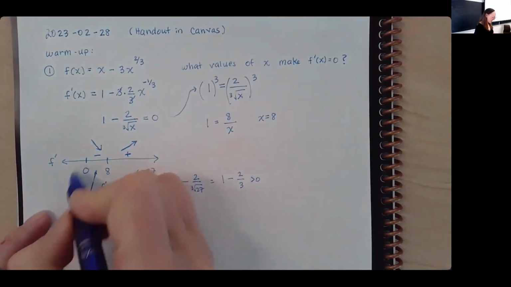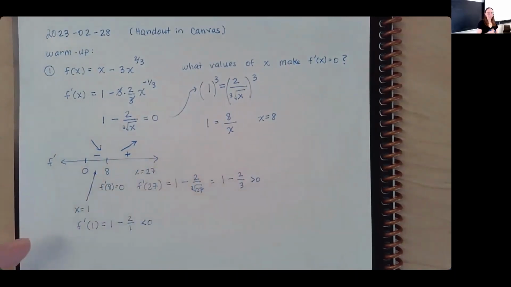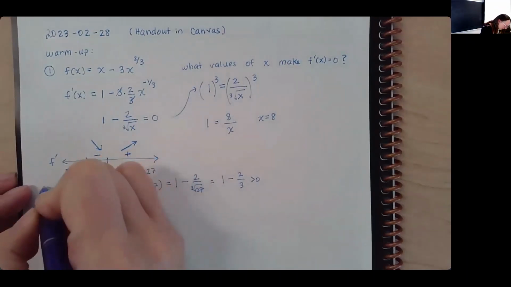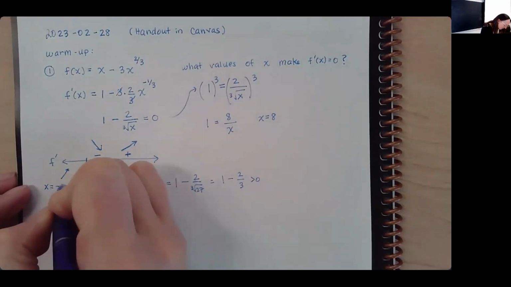If I pick another test point on the other side of 0, and again, I've included the 0 because it's a place where my derivative is undefined. So if I pick a test point over here, I'm going to go ahead and pick -1.